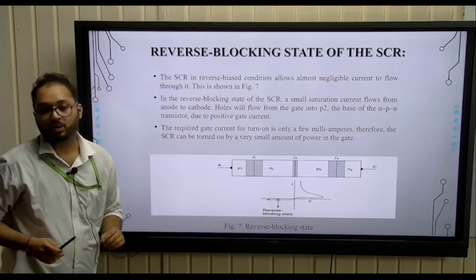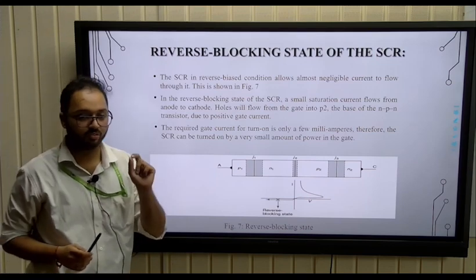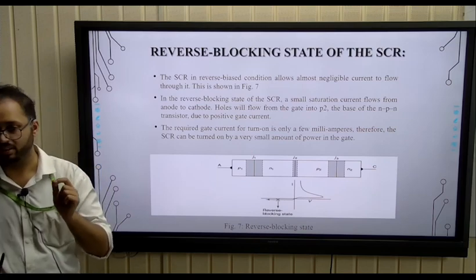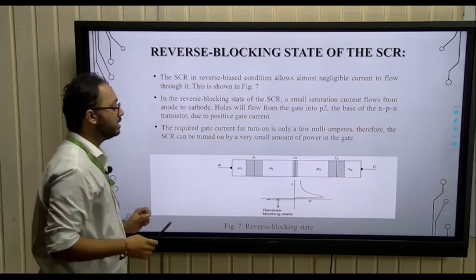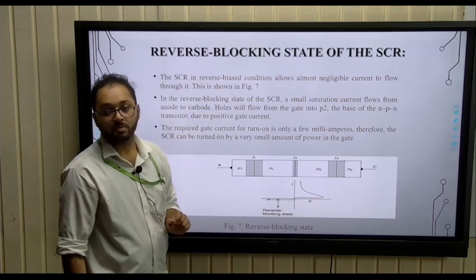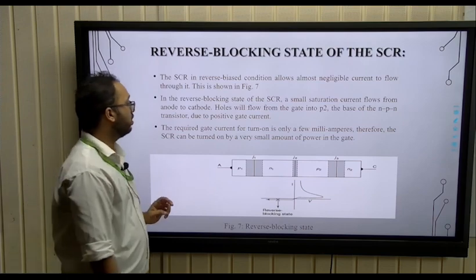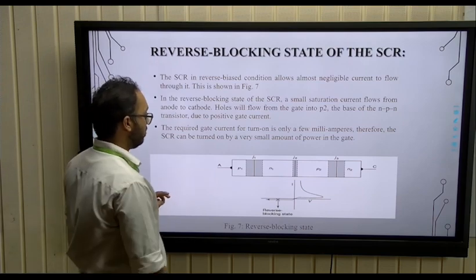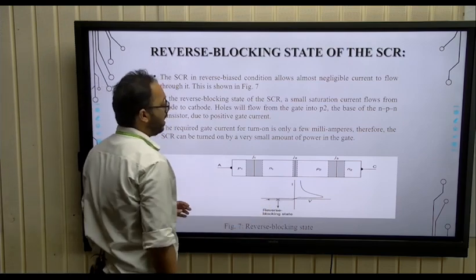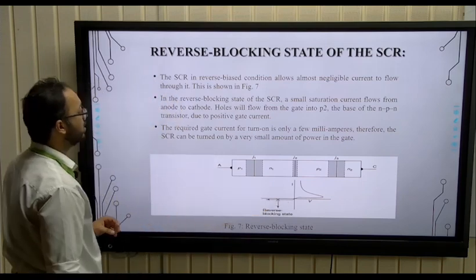Now it is not possible to break two junctions within the limit of the breakover voltage. It takes more voltage than what you have applied as the breakover voltage. Why? Because now you have two junctions to break. Okay, so there is always a reverse breakdown that happens after a certain amount of voltage that you have applied.